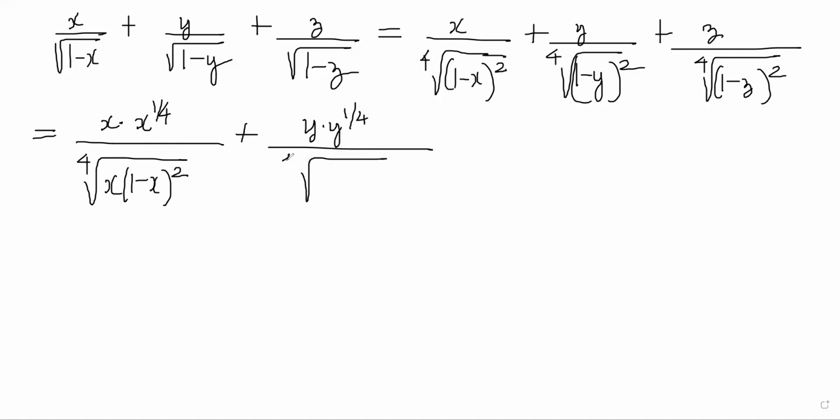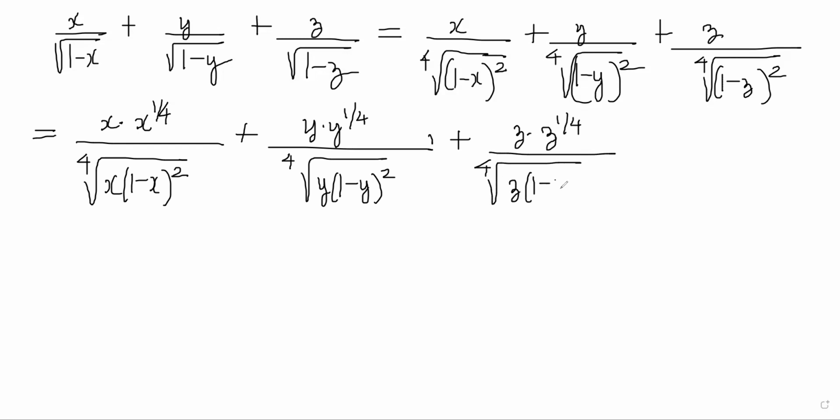So I am making this term by brute force here. And similarly here, z into z to the power 1 by 4 by fourth root of z into (1 minus z) whole square. So that is clearly greater than or equal to x to the power 5 by 4.